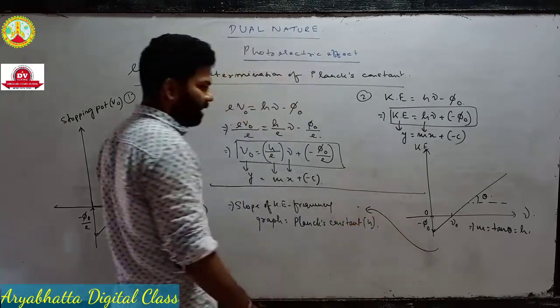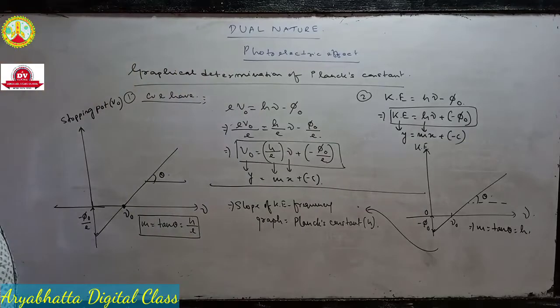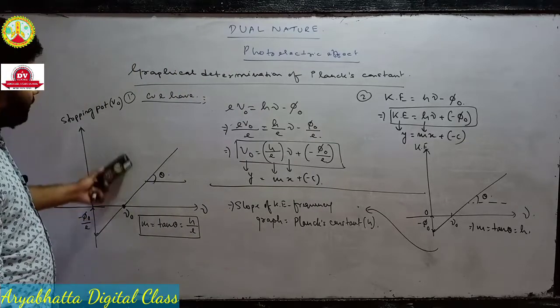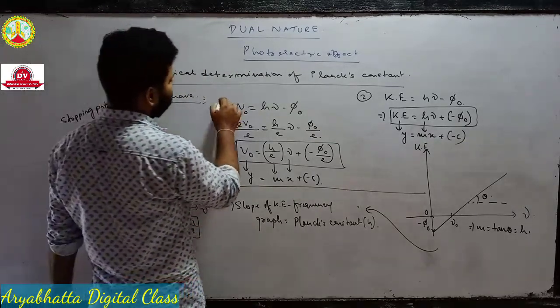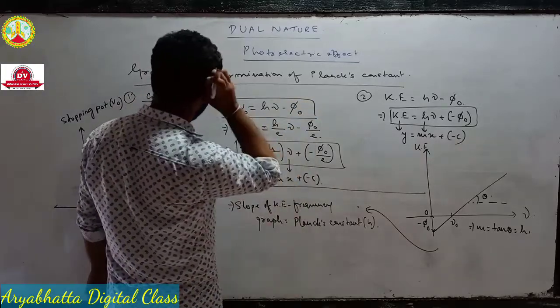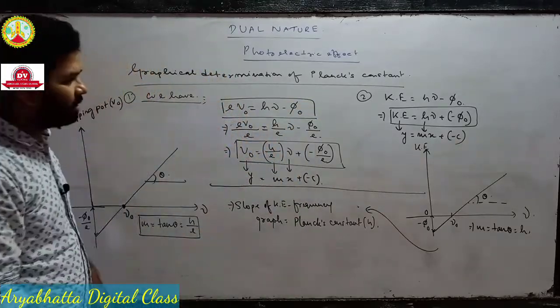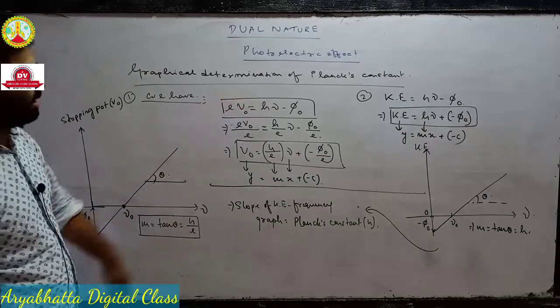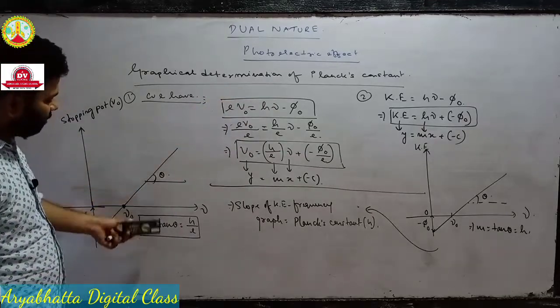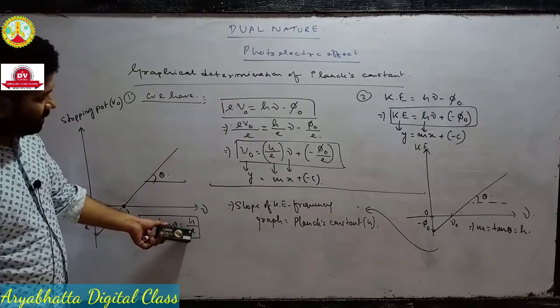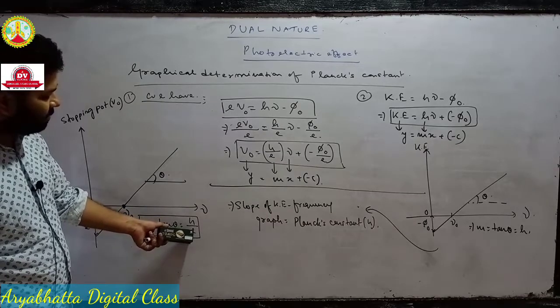Okay, so how we can determine the Planck's constant graphically? One is this method, that is from this equation. ये था यहाँ पे master equation, that is e V naught equal to h nu minus phi naught, and in the second one directly from kinetic energy. So here मैं फिर से बोल रहा हूँ, you know the charge of an electron.